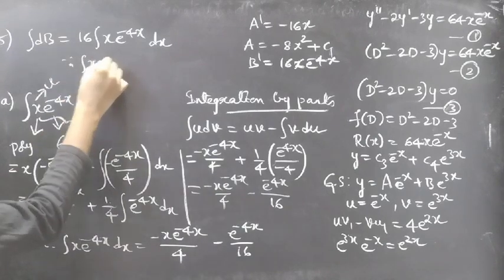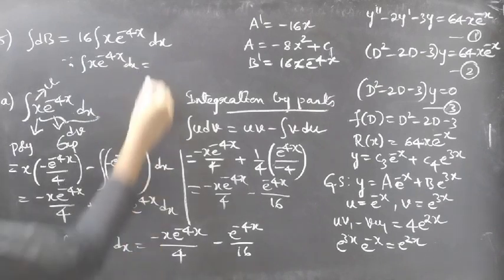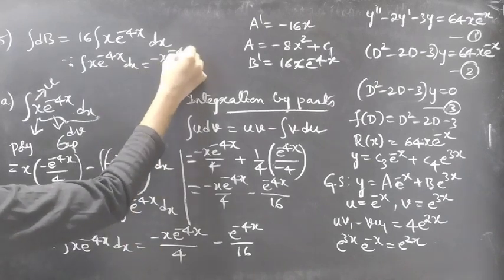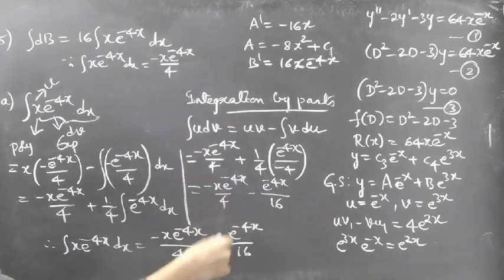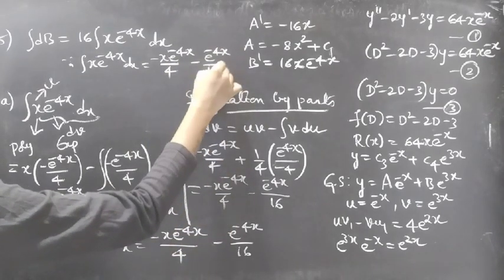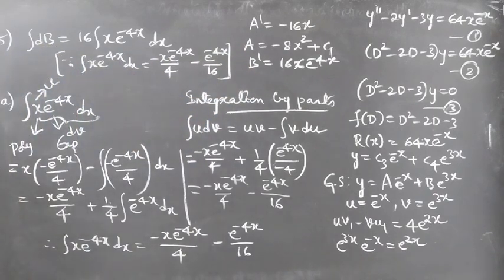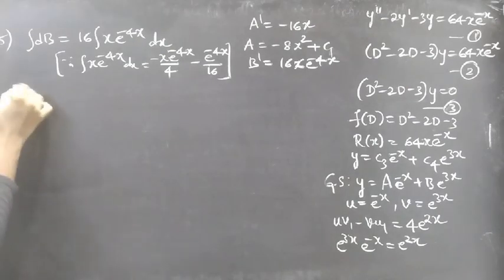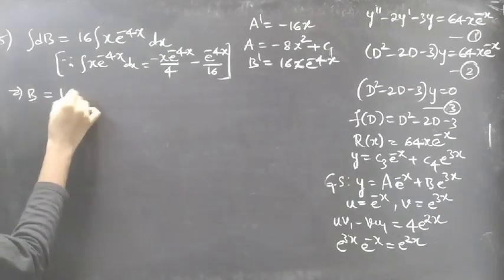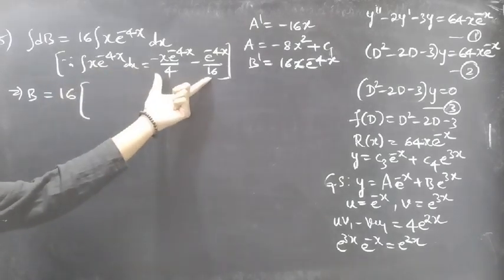Since integral x e power minus 4x dx is minus x e power minus 4x by 4 minus e power minus 4x by 16, then the above equation becomes integral db equal to 16 into integral x e power minus 4x, which can be replaced by these two terms.